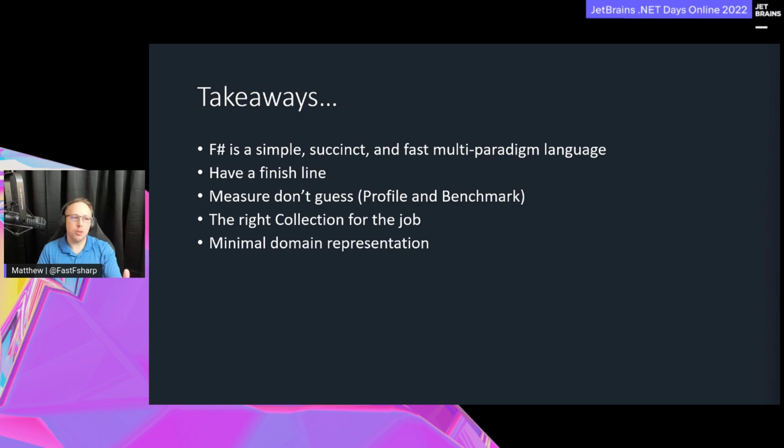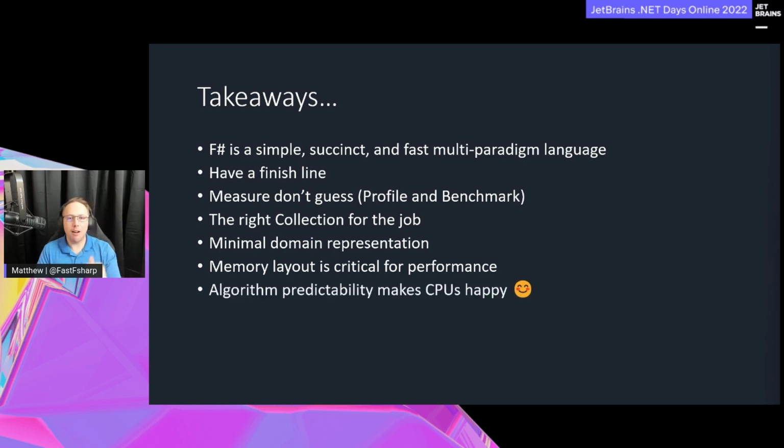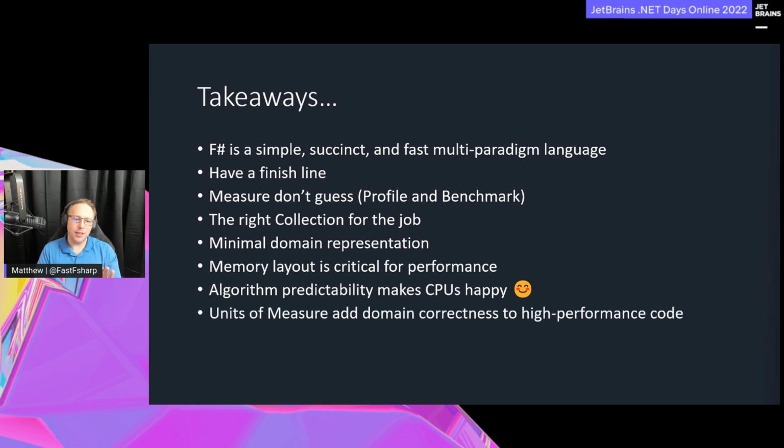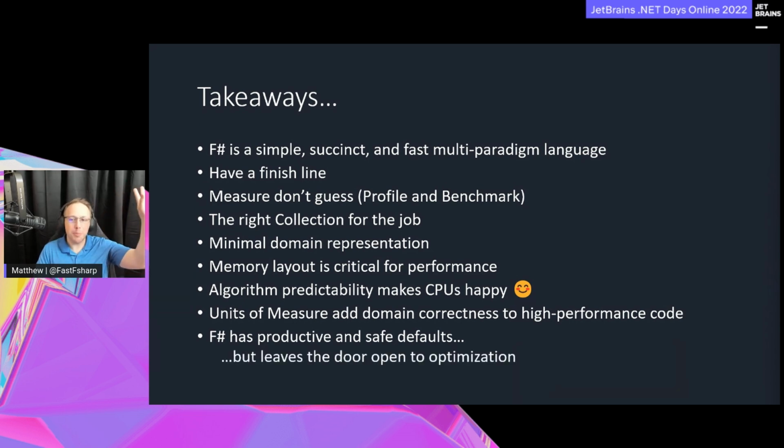Use a minimal domain representation for your problem. Memory layout is critical for performance, and make your algorithms predictable. Your CPU will be happy. Units of measure add domain correctness for high performance code when you're dealing with just the raw primitives. F# has productive and safe defaults, but it leaves the door open for optimization.